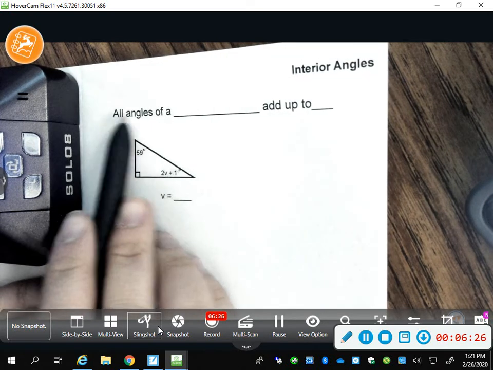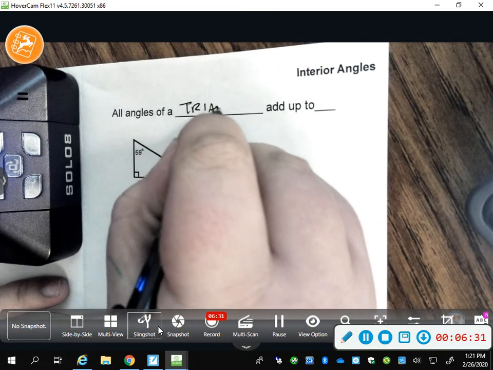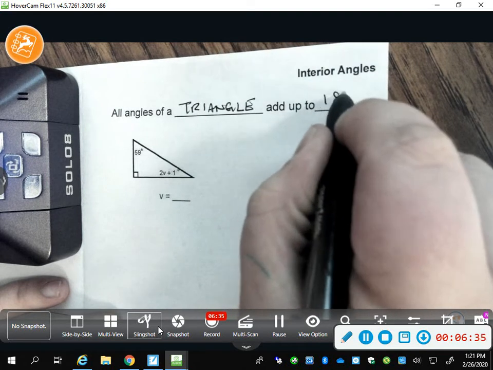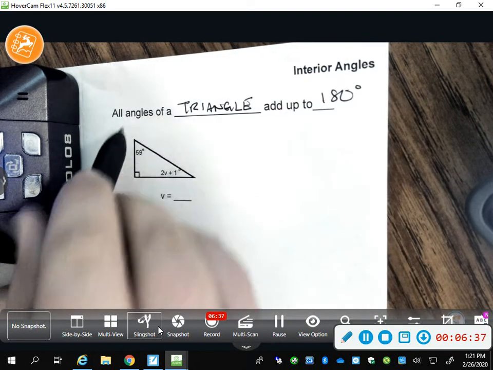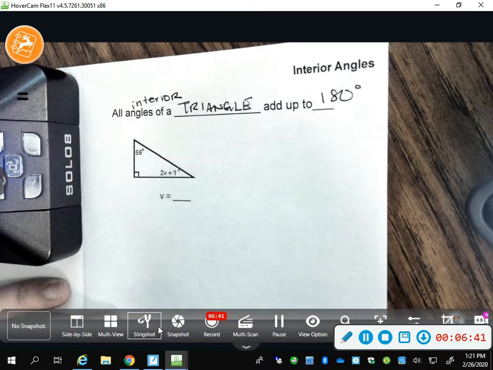We know that all of the angles of a triangle will add up to be 180 degrees. That's all of the interior angles, or the inside angles. Interior angles of a triangle.